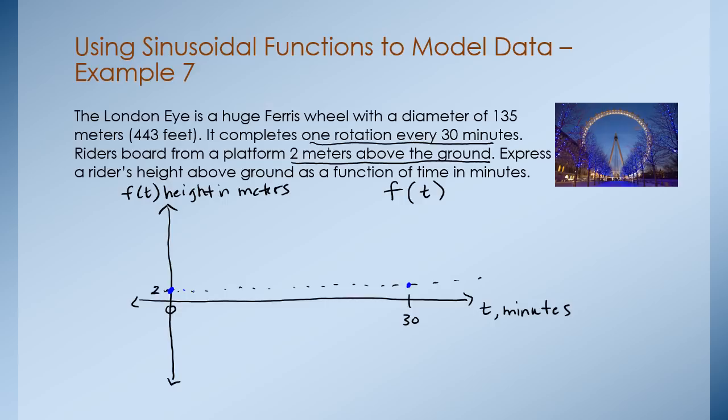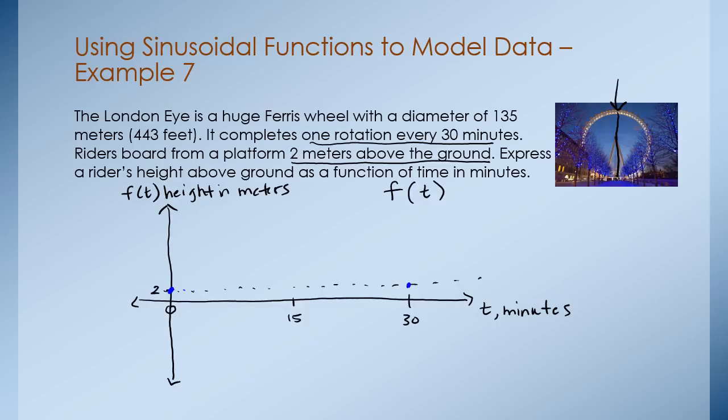Now, what's happening halfway between there? Halfway between there, after 15 minutes, if you want to look over at my picture, halfway from 0 to 30, I am probably at the very top. And if the diameter of this Ferris wheel is 135 meters, let me just switch to a different color here.